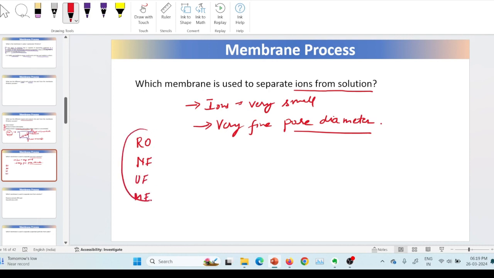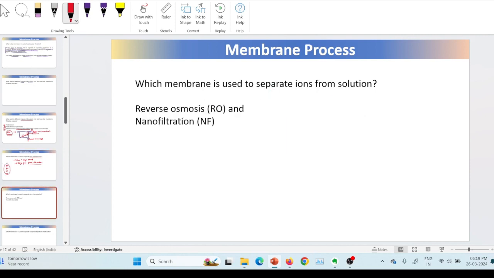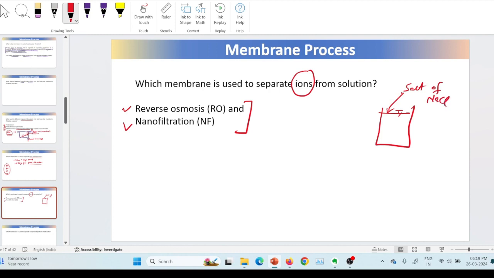Out of these four, which one is used to separate ions from the solution? These are reverse osmosis and nanofiltration. These two membranes can remove ions from the solution. If a solution contains some salt, like NaCl, which is in dissolved form, they can remove the ions from the solution.